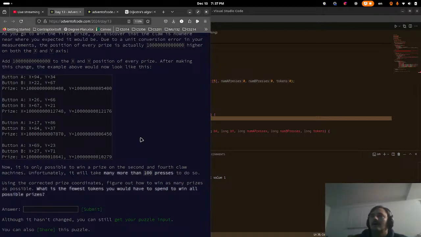And then dx is ax times T1 plus bx times T2, and then get the y delta.